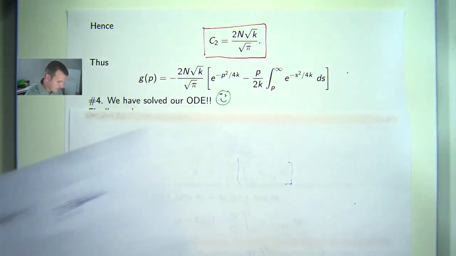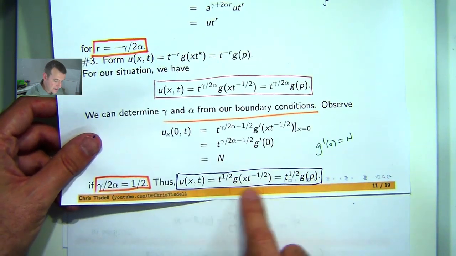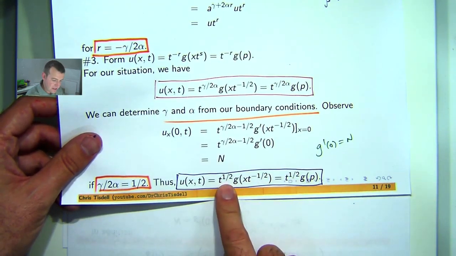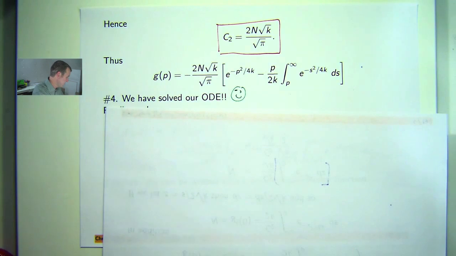We've got g, we know g of p, we know that p equals that, and to get u, we just take g, replace p with this, and multiply by t to the power 1/2. Okay, so let's do that. As far as the summary goes, we're at the very last stage now. Here we are.